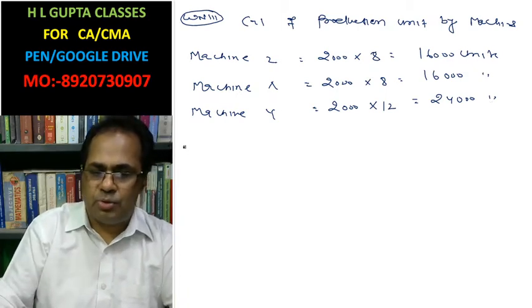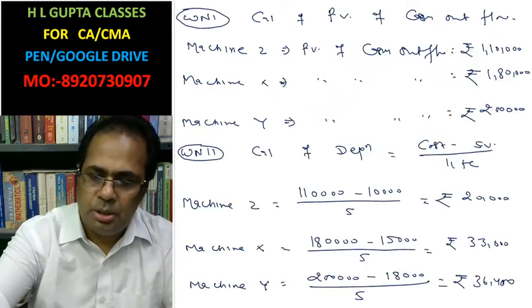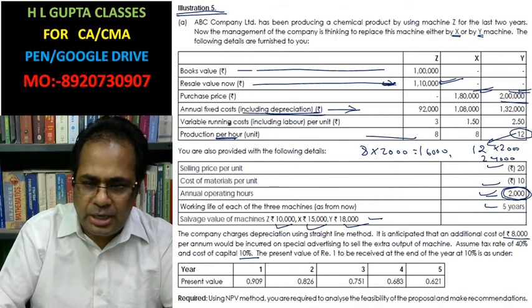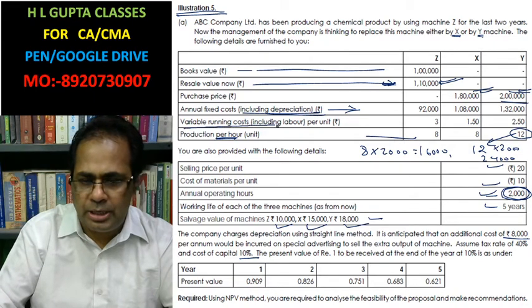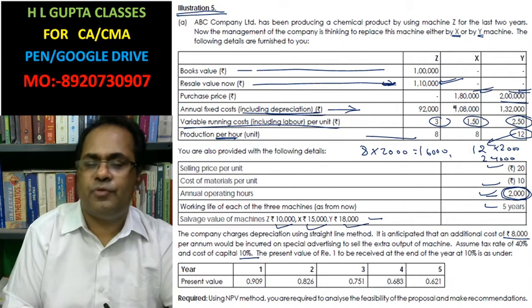Now we can calculate working note 4, variable running cost. So what is written here? Please look at it. Variable running cost including labor per unit is rupees 3, 1.5, 2.5.